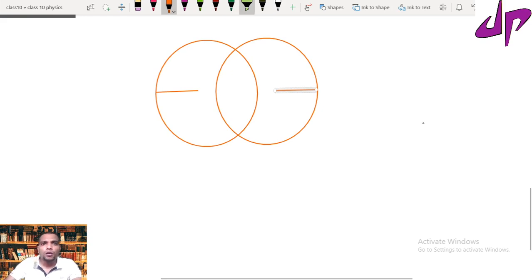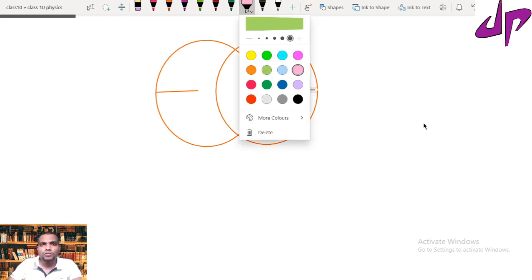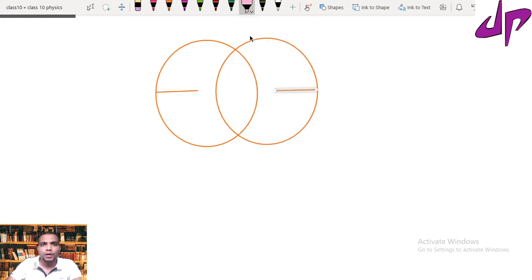So how did we make a lens? We took the intersection part of the two, the intersection between these two. So this became our lens, and we can strictly call that a convex lens, the intersection part.